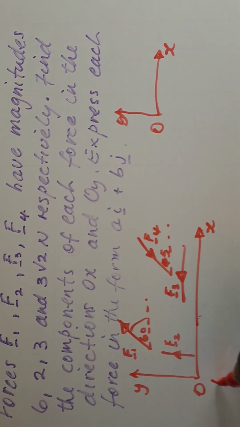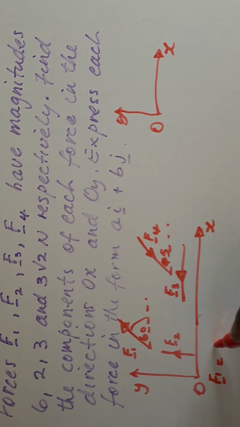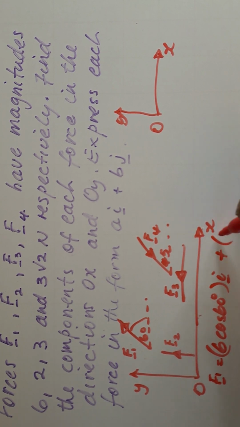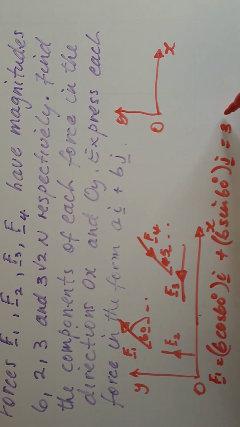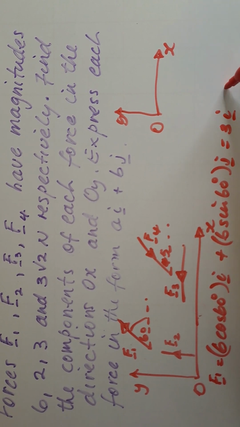So we can write that F1 is equal to, if we resolve this horizontally, 6 cosine 60 degrees, and this is our i component, and 6 sine 60 degrees, the j component, and this evaluates to give us 3i and 3 root 3 j.